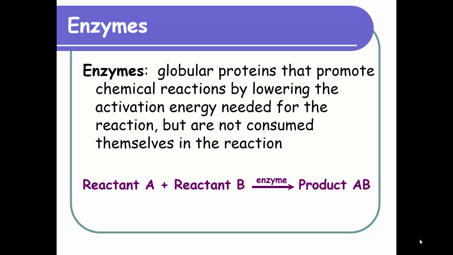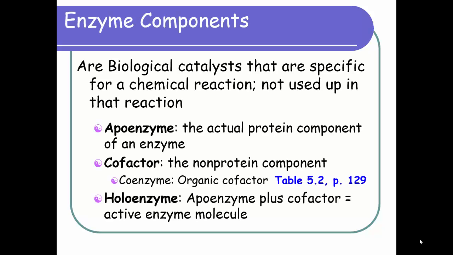So reactant A plus reactant B plus the enzyme will go to product AB plus the enzyme exactly as it was before. Enzymes are biological catalysts. They are specific for a chemical reaction but are not used up in that reaction.